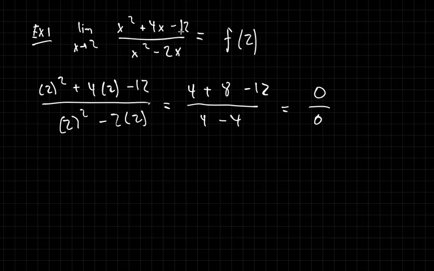We don't know if the limit actually does equal this or is undefined. We just know that f of 2 gives this output. So we can't jump to conclusions and automatically assume the limit is this.